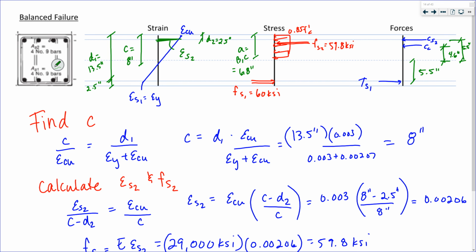Right, you'll notice as I increased my strain from 0 to yield, my C decreased from 13.5 to 8 inches. So yeah, keep all this in mind.